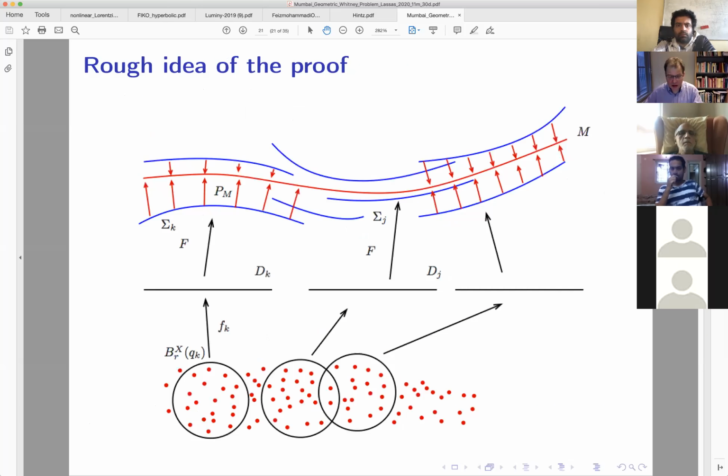So let's look at the picture. Here we have the balls of the original metric space. Then we embed them into disks in Euclidean space. In particular, we are interested in what happens when two balls here intersect. What happens for these disks?